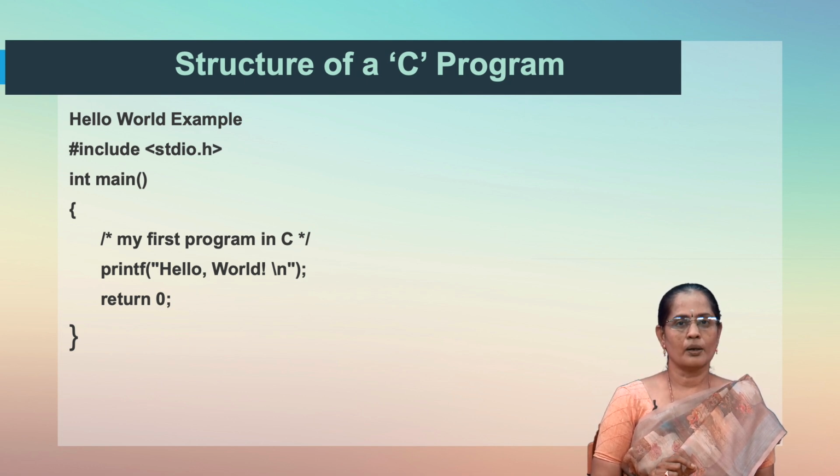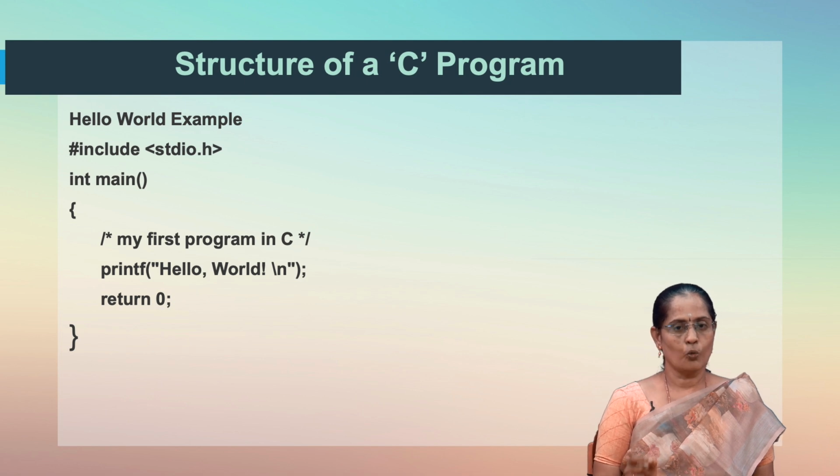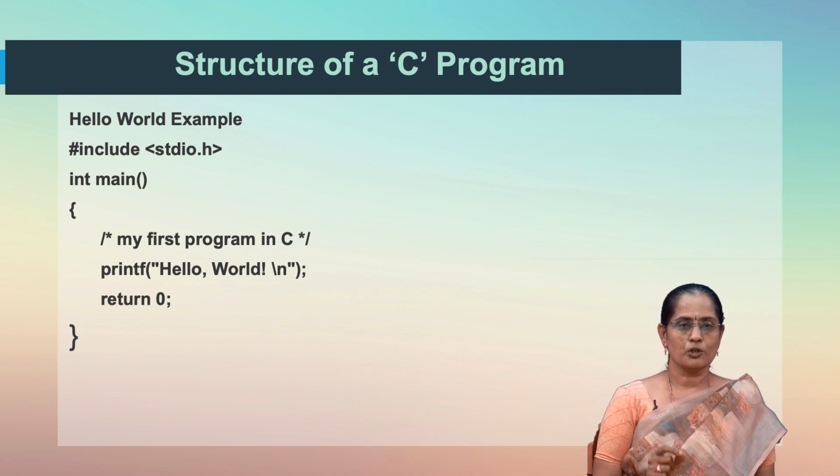So, in this program we have given one output statement called printf. The printf is going to print something on the monitor. In the example I have given hello world as a string to be displayed on the screen.